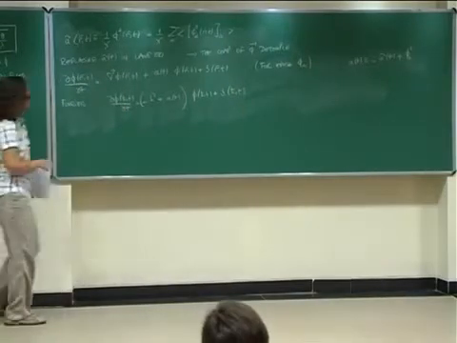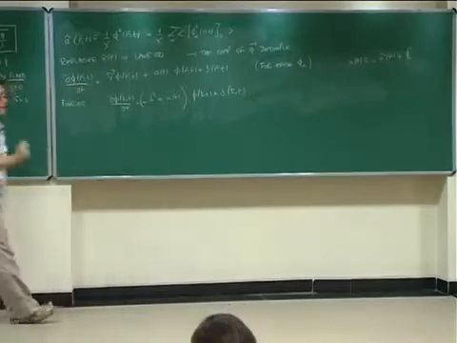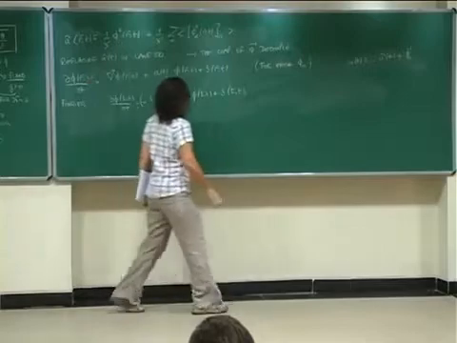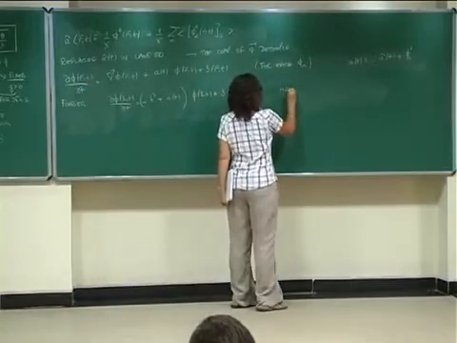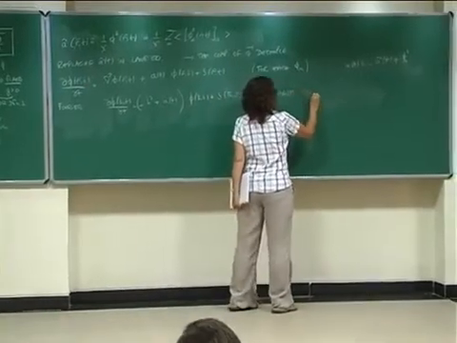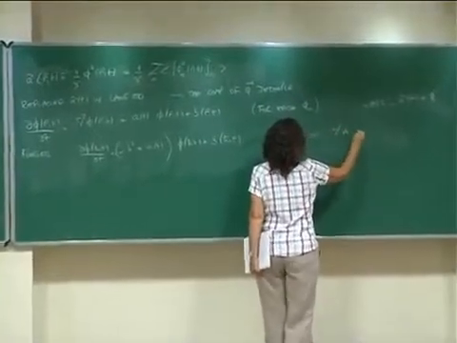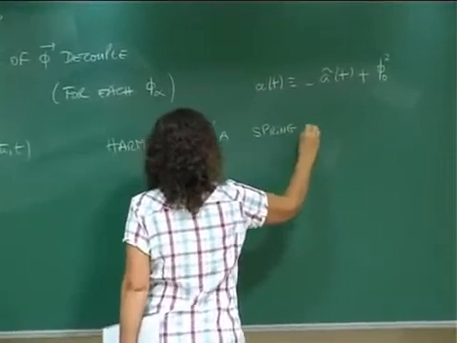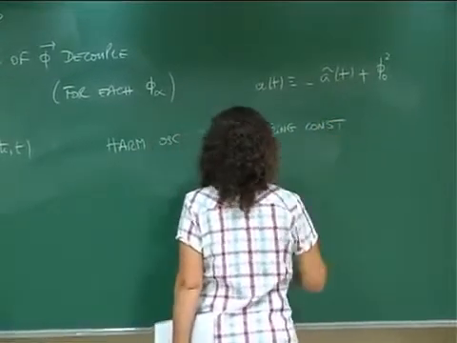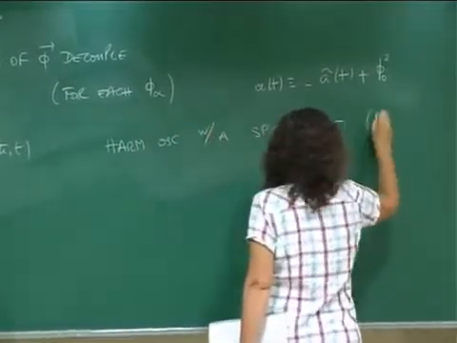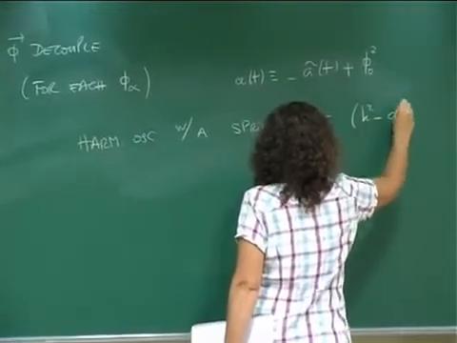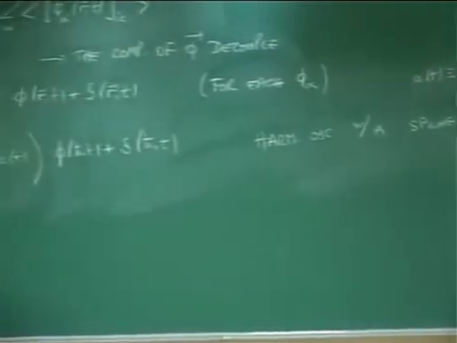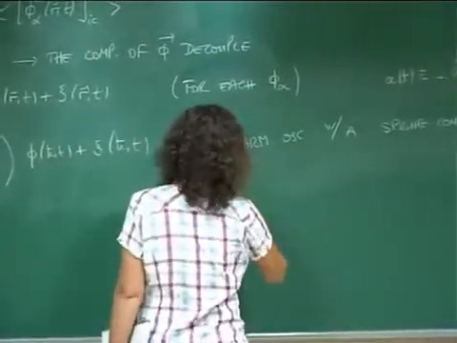So what you notice here is that for each mode k, this Langevin equation is like a harmonic oscillator with a spring constant, let me call it instead of a mass, which is equal to k squared minus a of t. So I don't know if you remember the equation for a harmonic oscillator, but I can write it down.